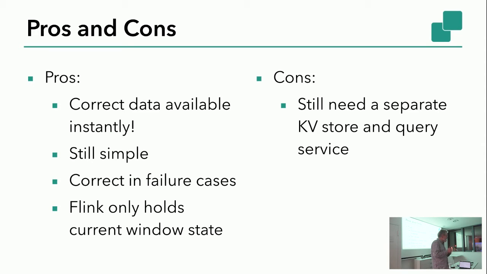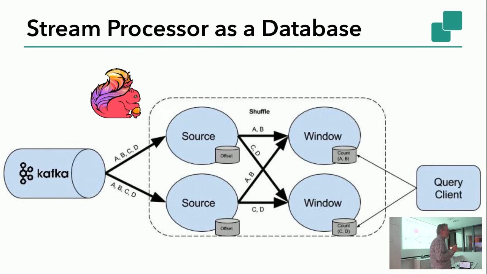The disadvantage of this solution is that we still need a separate key value store, and we need this query service off to the side that can mediate between the two sources of information. What may be interesting in the future is to think about using a stream processor like Flink as the sole source of data, using it as the database. This is just like the previous picture, except we throw Redis away and accumulate all the state in Flink.